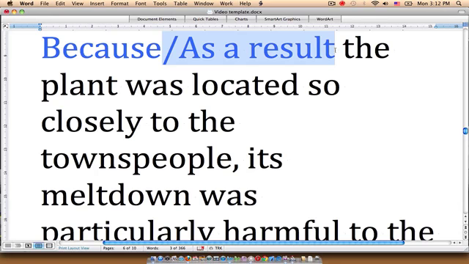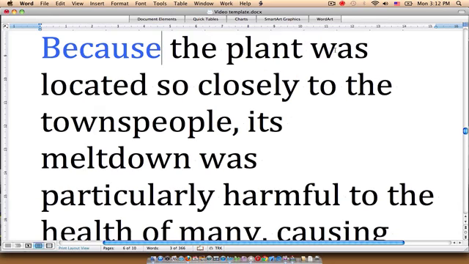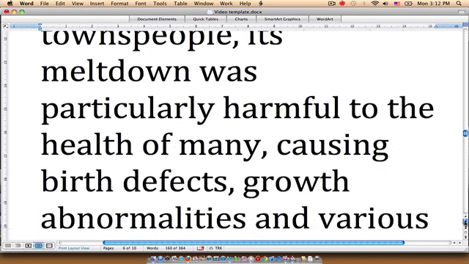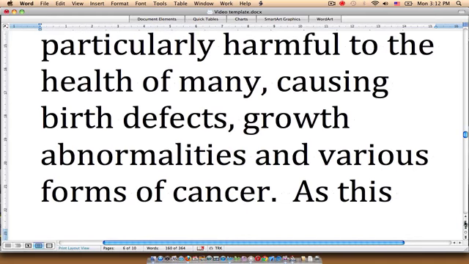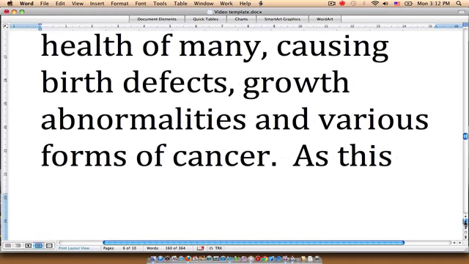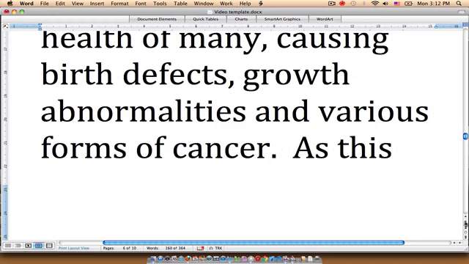So we would use the word because. Because the plant was located so closely to the townspeople, its meltdown was particularly harmful to the health of many, causing birth defects, growth abnormalities, and various forms of cancer.